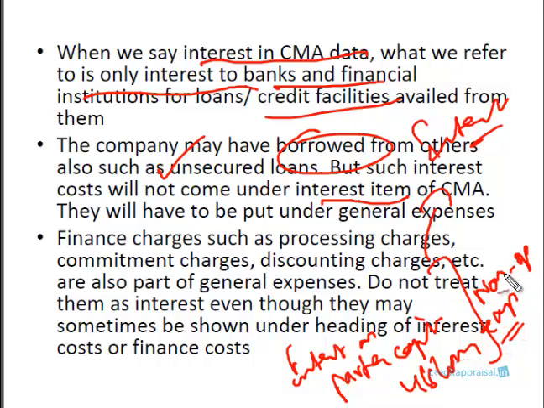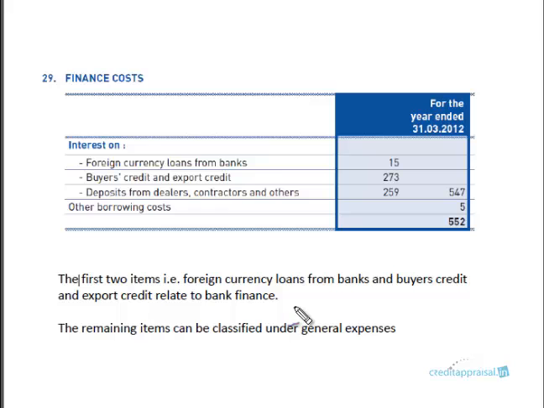Only the bank interest on loans from banks and financial institutions, for which the company has availed certain credit facilities, will be classified as interest. If you recall our discussion under selling and general expenses, there will be a separate item called finance costs. Finance cost comprises both interest and bank charges.